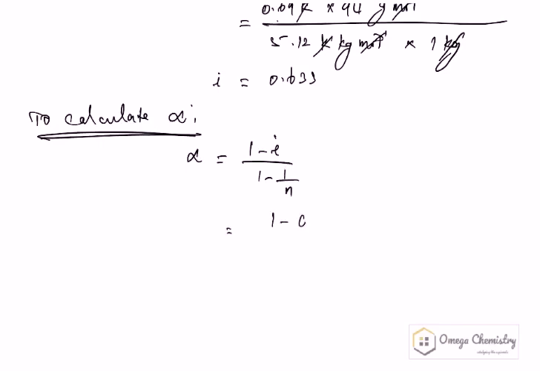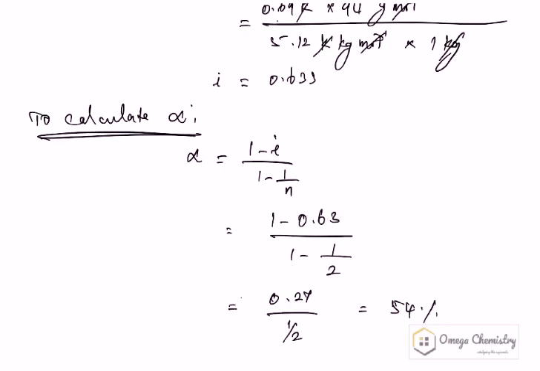So 1 minus 0.63 divided by 1 minus 1 by 2, because it will undergo dimerization. So I will get 0.27 divided by half. So upon rearrangement and calculation, I will get 0.54, and when I multiply this with 100, I can convert it into percentage. So the degree of association is 54%.